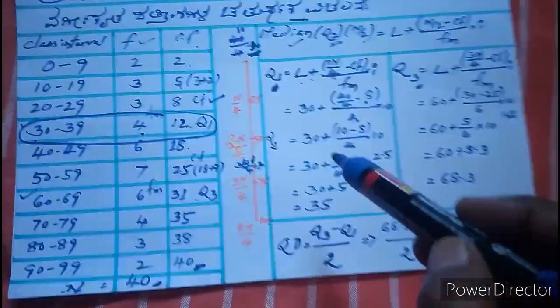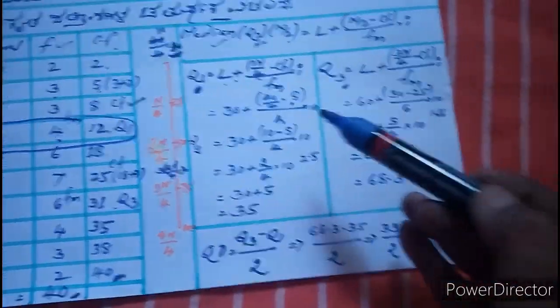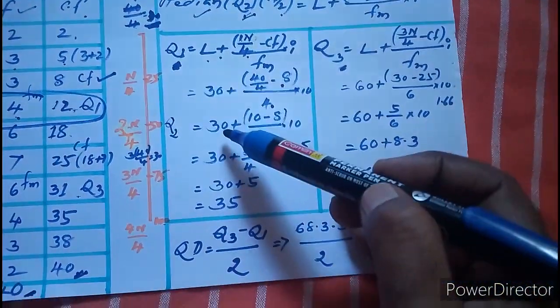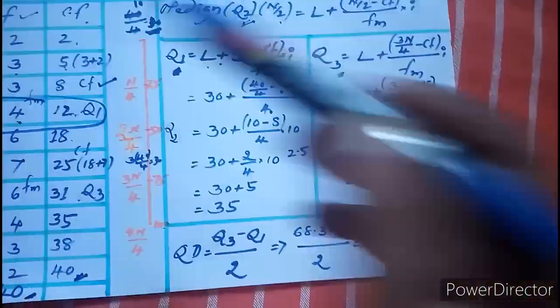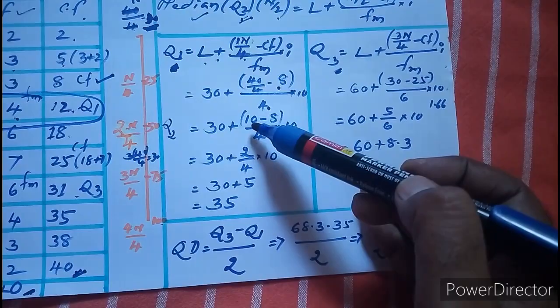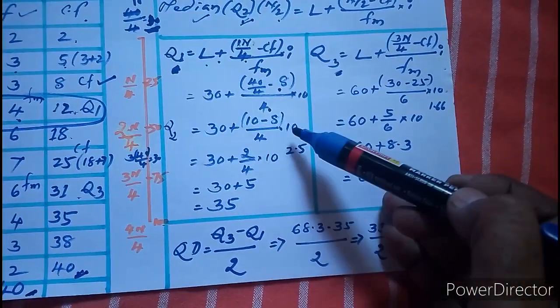Then you put all these values in the formula. Q1 is equal to L, 30, plus 40 divided by 4 is 10, minus 8, divided by Fm, 4, into 10.